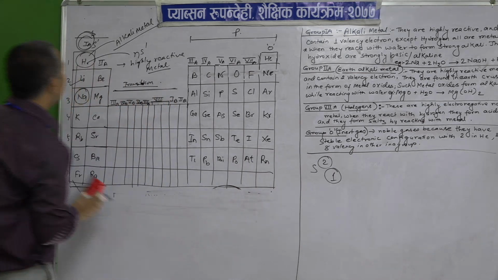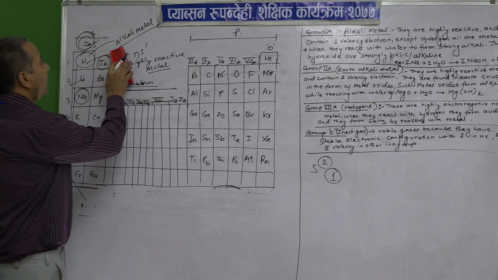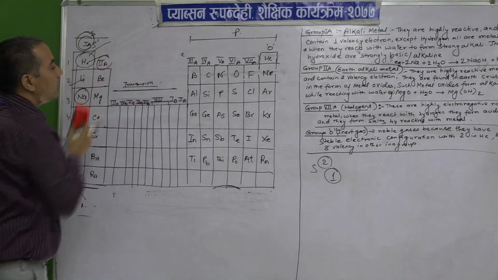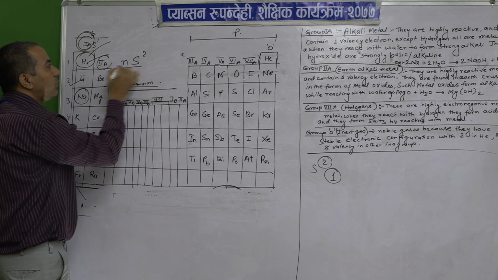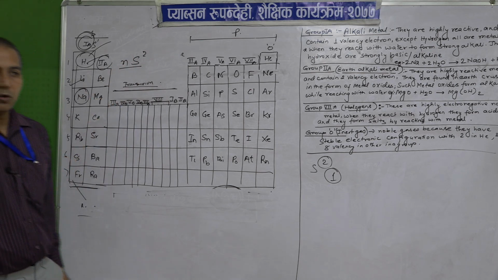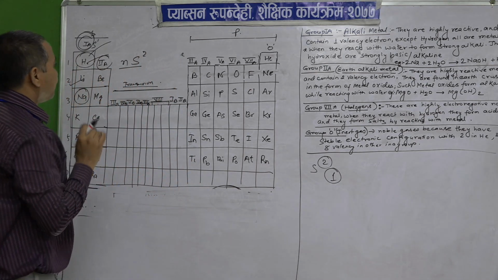Then the next one is group 2, Group 2A. They contain outermost electrons 2, s2. The outermost shell contains 2 electrons.